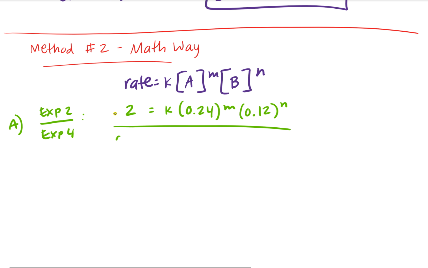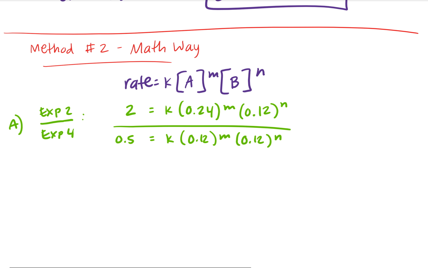Its rate is 0.5. That's K times 0.12 raised to the power of M times 0.12 raised to the power of N.